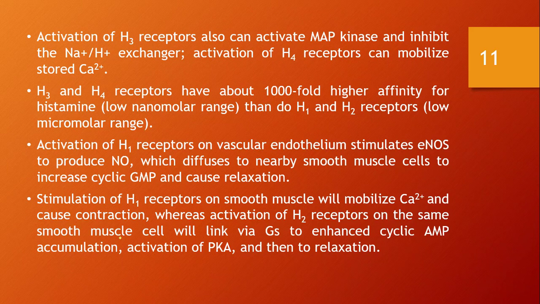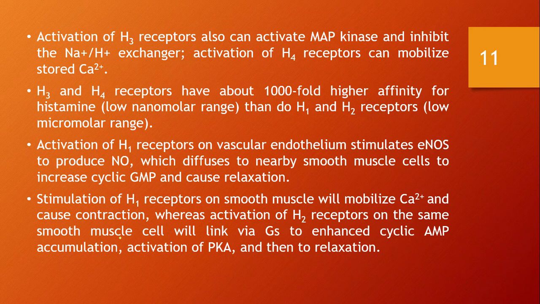The activation of H4 receptor can mobilize the stored calcium. The H3 and H4 receptors have about 1,000-fold higher affinity for histamine, in the low nanomolar range, when we compare it with that of the H1 and H2 receptors.